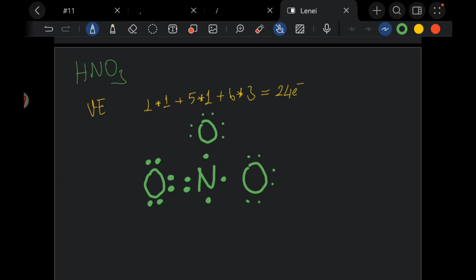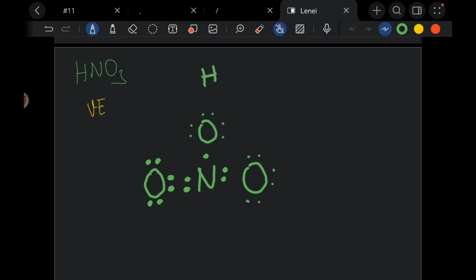So the issue is that I have to make bonds. So I can put this electron here to make 1 extra bond. Okay, so I put this electron here. So we need 24 electrons, so you have to keep that in mind. And I have no choice.